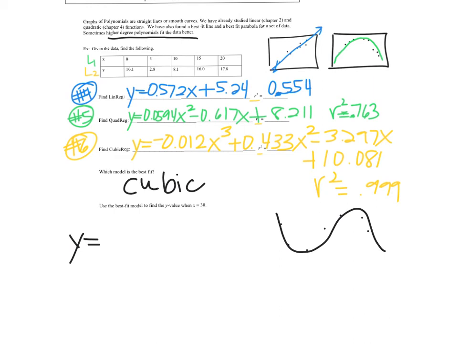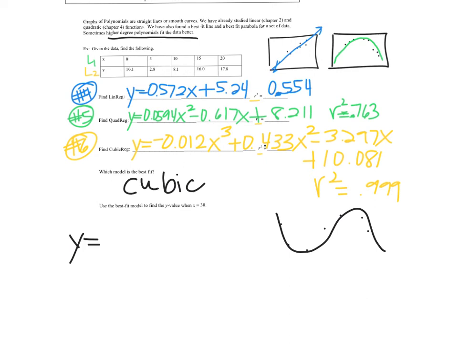I'm just plugging in 30 for x into my cubic function there. Plus 0.433 times 30 squared. Does everyone see where I'm getting that from? Minus 3.297 times 30 plus 10.081.